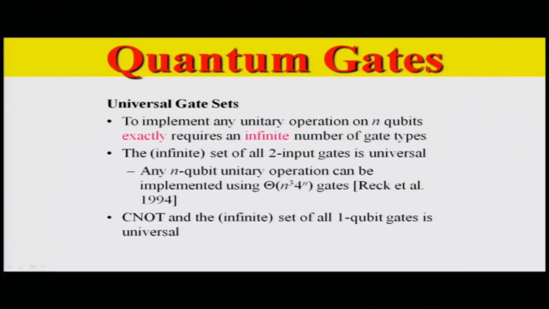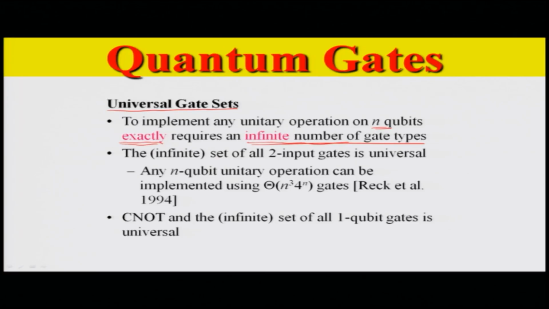However, to have a universal gate set which will implement any unitary operation on n qubits exactly would require an infinite number of gate types. And so, the principle that we showed for a single qubit case, where we were able to use only 2 gates as a complete set, the Hadamard and the phase rotation, is not as simple as we go to higher number of qubits.